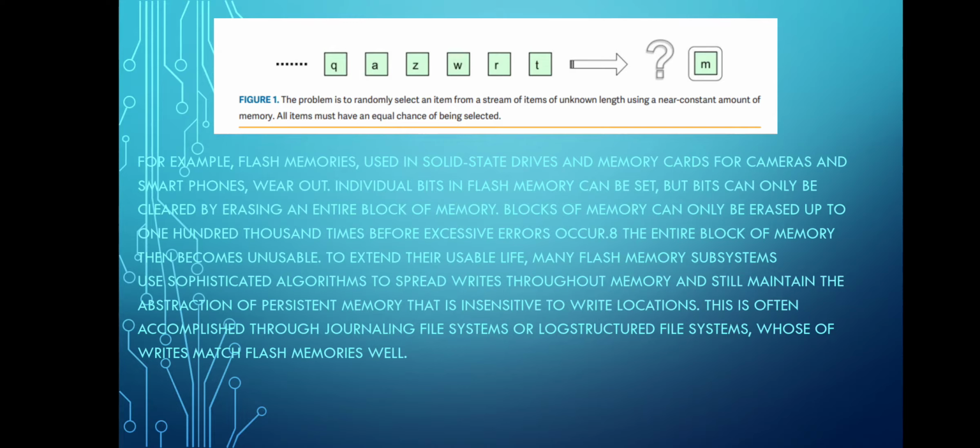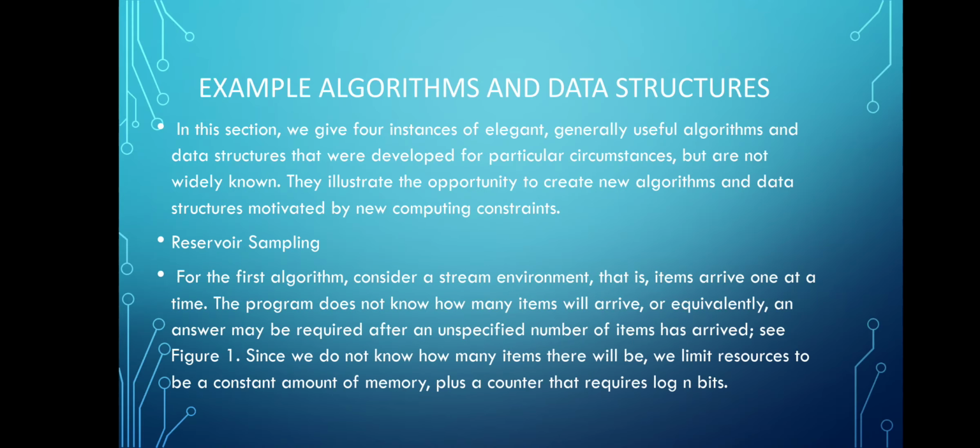To extend their usable life, many flash memory subsystems use sophisticated algorithms to spread writes throughout the memory and still maintain the abstraction of persistent memory that is insensitive to write locations. This is often accomplished through journaling file systems or log structured file systems whose writes match flash memory well.